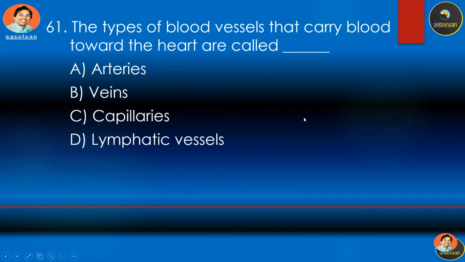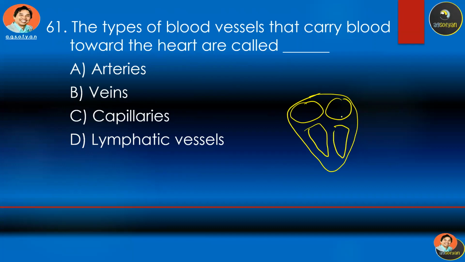The type of blood vessel that carries blood toward the heart is called blank. A, B, C, or D. So this is the heart. There is atrium and then ventricle. There's a connection between atrium and ventricles. So the blood vessel that carries blood away from the heart is called artery.